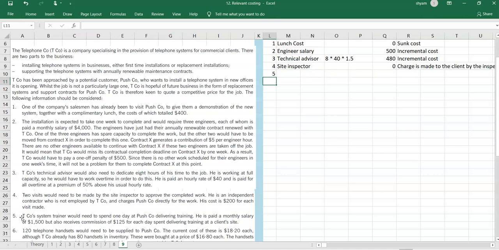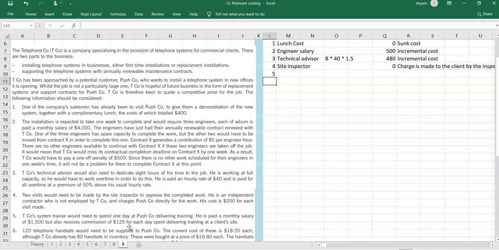Fifth one is, TCO's system trainer would need to spend 1 day at Pushco delivering training. He is paid a monthly salary. Again, he's a monthly salary guy, so there is no additional cost. But he also receives 125 for each day spent delivering training at a client site. So we have to pay him, not for this particular order, we have to pay him 125, because that is a 1 day training charge.